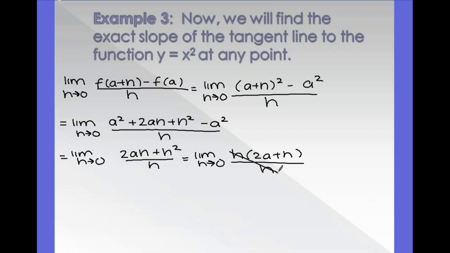Once the denominator is no longer there, we can plug in our limit. So, the slope of the tangent for the function y equals x squared is 2a.